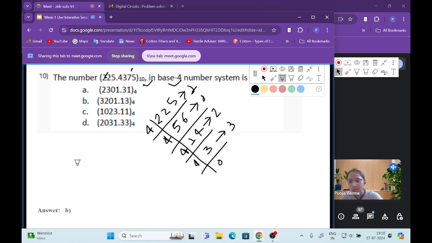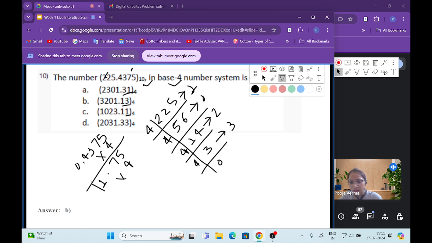So what is the fraction part? 0.4375 multiplied by 4. If you multiply, you will get 1.75. Okay. Now here till 2 points it is given, so we need to check only till 2 points.